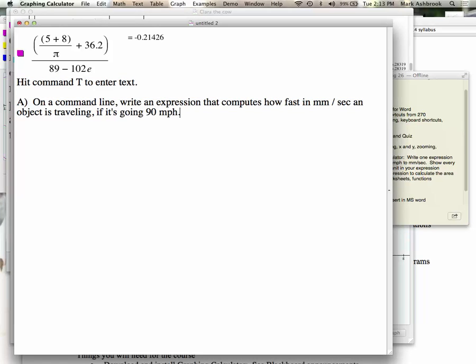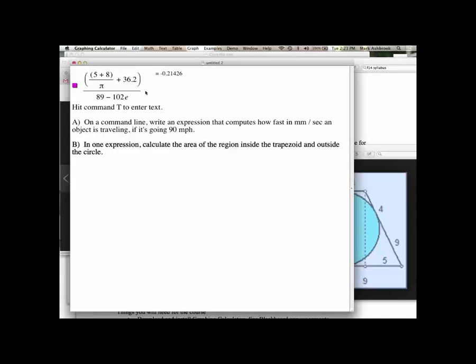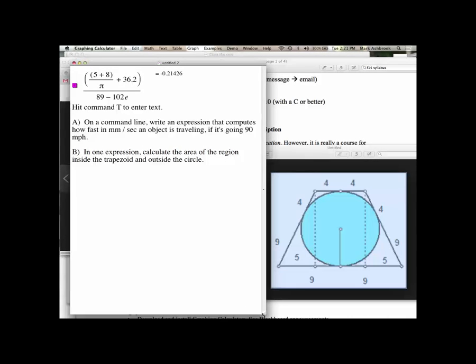I'm sorry, it should be over 60. Yeah, because that'd be 1.5. Perfect. And then we divide by 60. That's 1 minute.